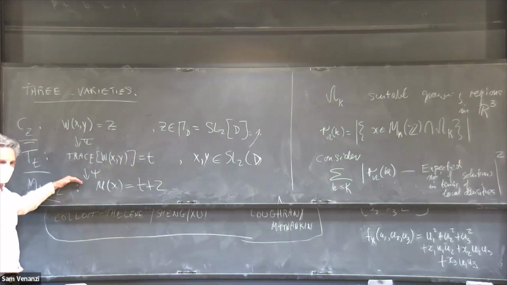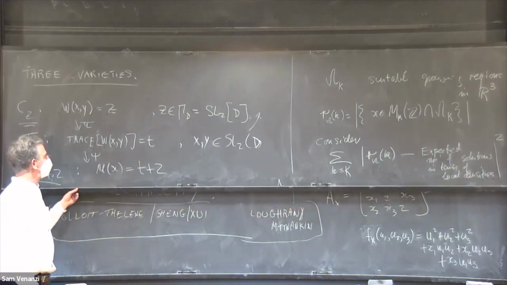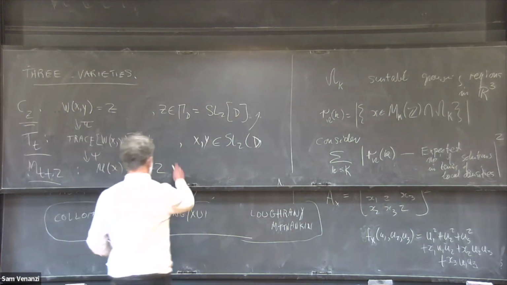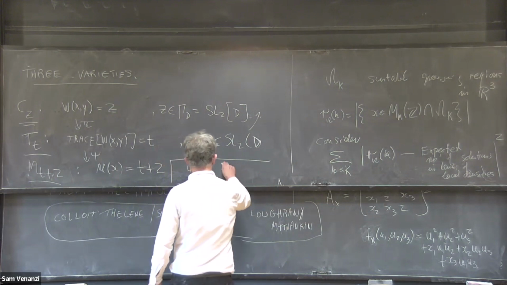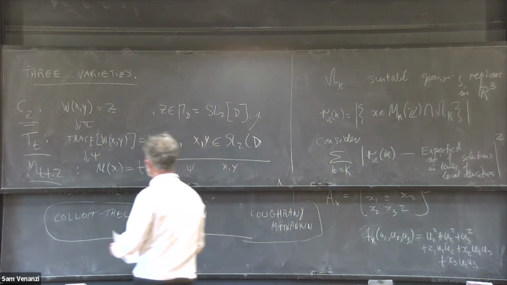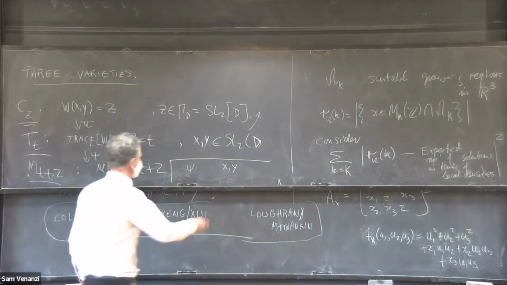This map is a fantastic map. This is the map that Fricke discovered. Let me just call this map psi. You have x and y, two 2 by 2 matrices over any ring.